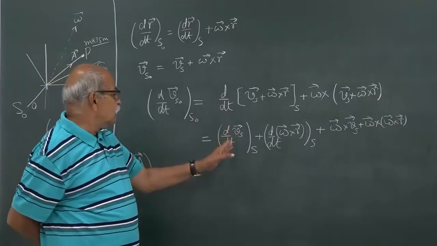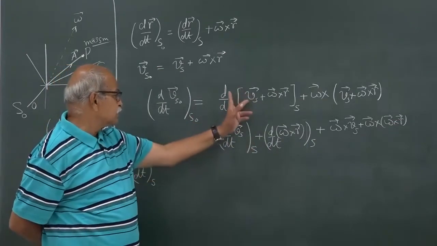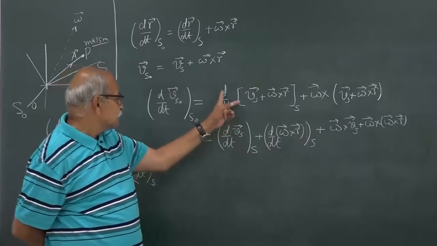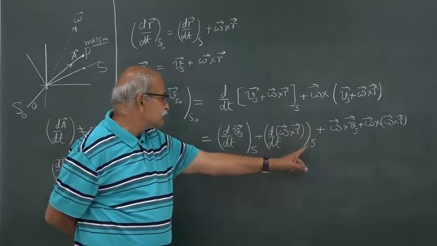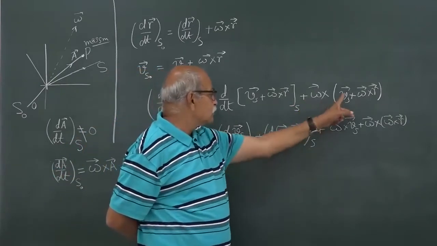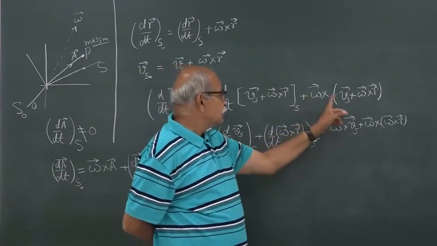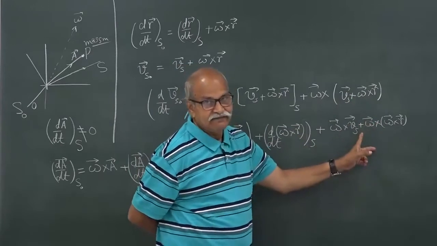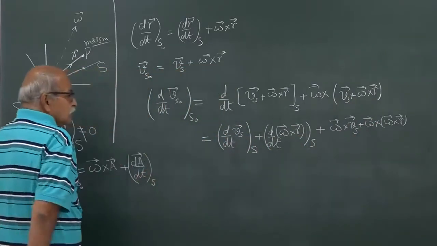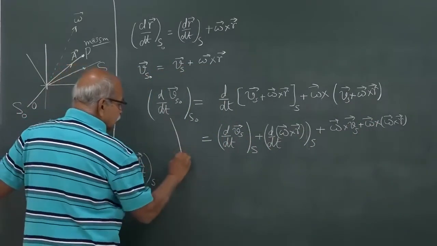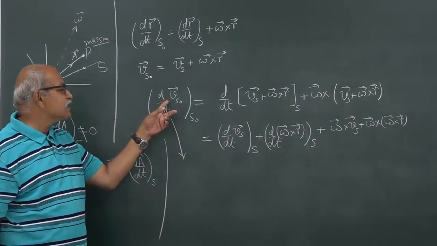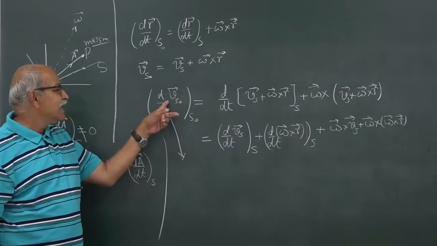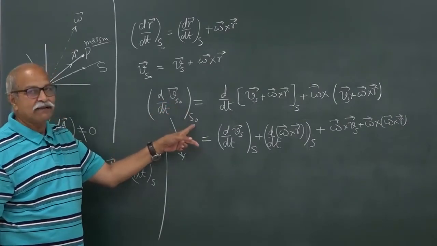d/dt of V_s in S, this term we have written. Then d/dt of omega cross r in S, that term we have written. Then omega cross V_s, and omega cross r, those we have written. Now, what is this? This is the acceleration of the particle as measured in the S naught frame.